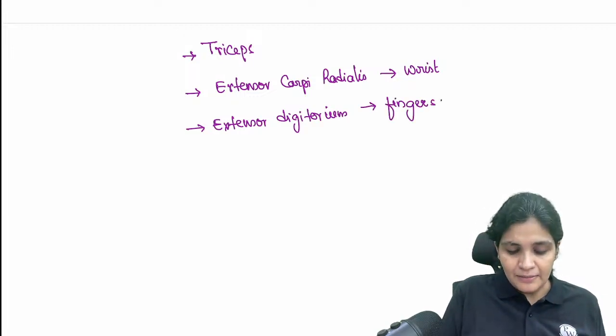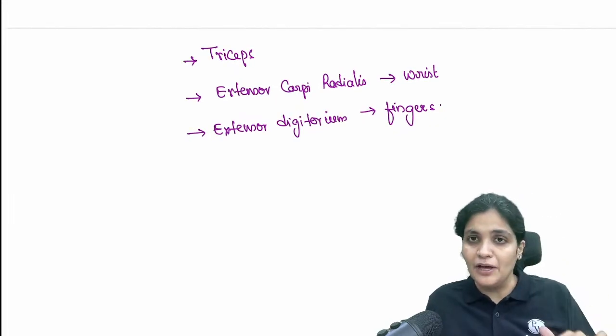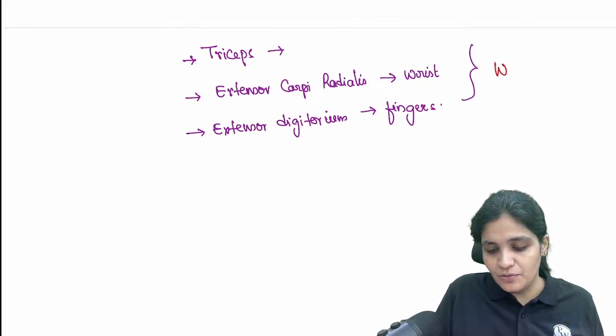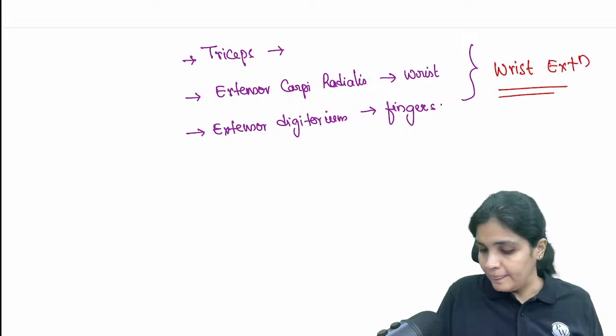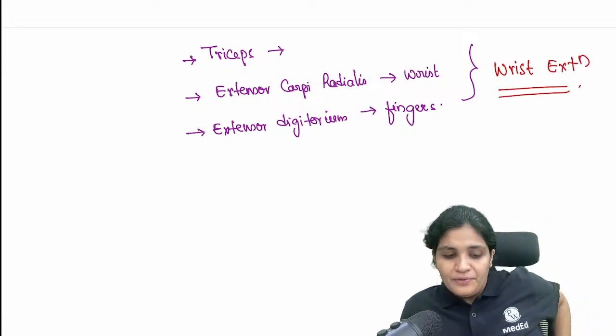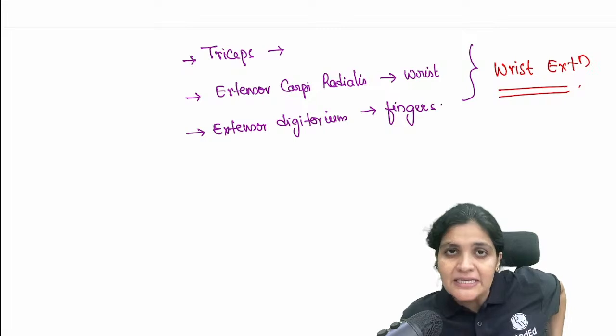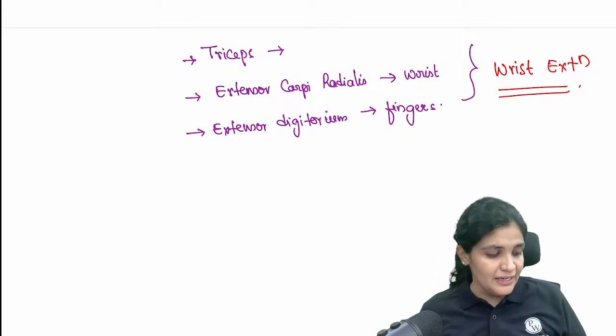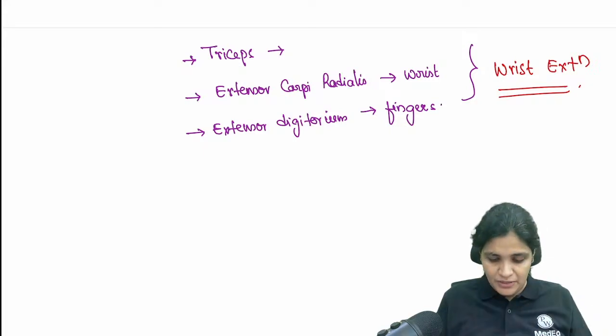So these are the individual muscle testings which you have to do for your radial nerve. So you will test for triceps, you will test for wrist extension. So everything is extension, right? You test for wrist extension, right? So triceps, extensor carpi radialis, and extensor digitorum for finger extension. So these are the individual muscles which you can test.